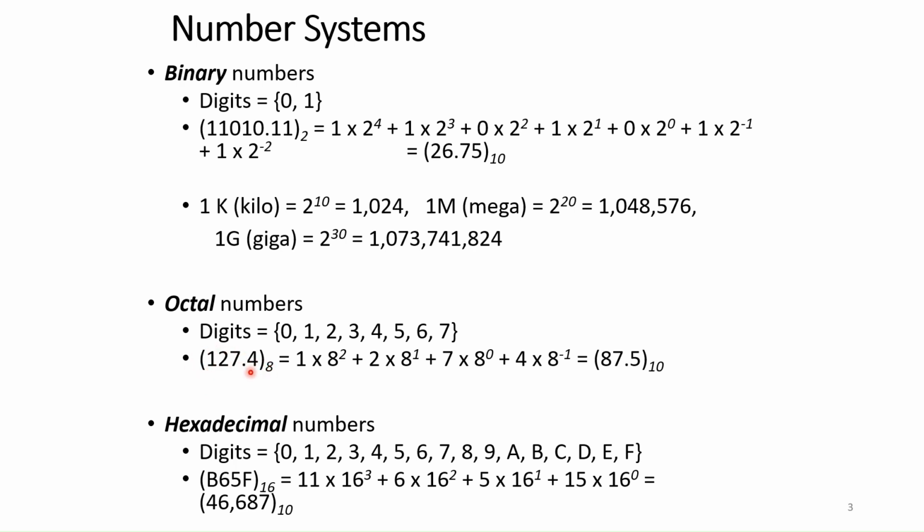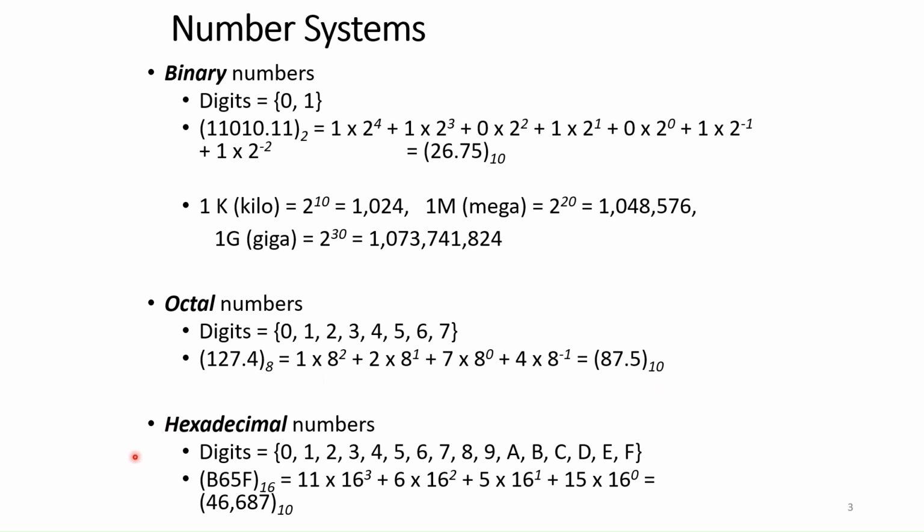It cannot be a binary number because of 274, but it can be a decimal number. But when the subscript is given, you know that it is an octal number. So what is the decimal equivalent of it? It is 1 times 8 square plus 2 times 8 to the power 1 plus 7 times 8 to the power 0 plus 4 times 8 to the power minus 1, which is 87.5 in decimal.